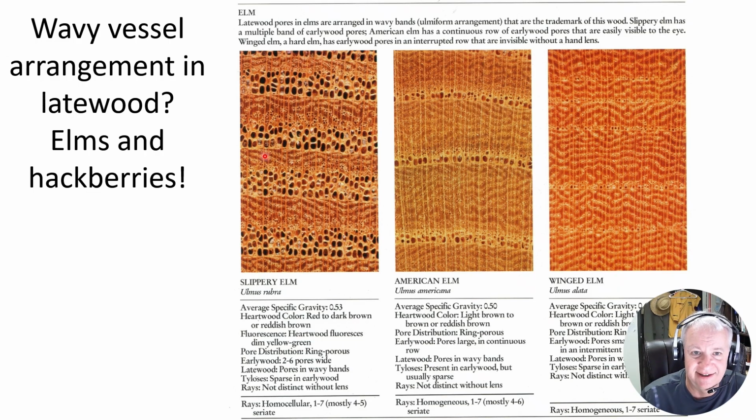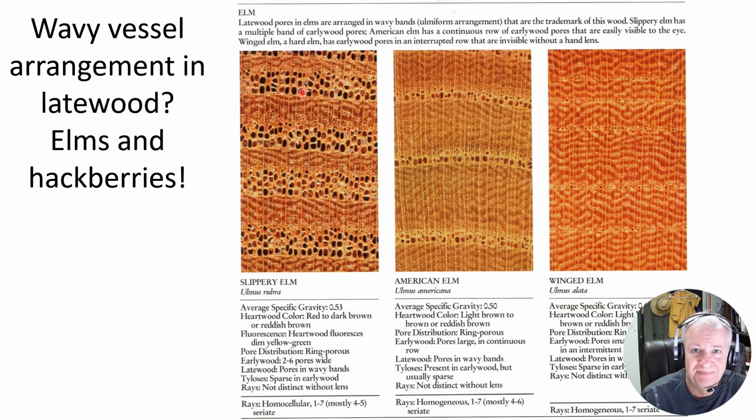But in all of these examples, the late wood vessels are arranged in these wavy rows. When that is the case, that's a sure indication that this is elms or hackberries.